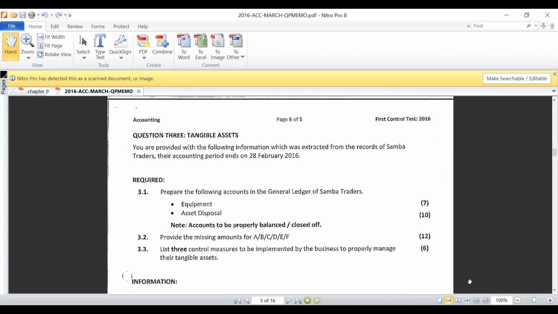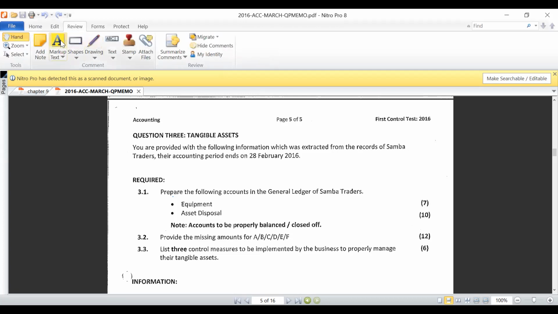In question 3, they asked you to, just a sec, I want to quickly get something. All right, I got it. For question 3, they ask you to prepare the following accounts in the general ledger of Samba Traders.